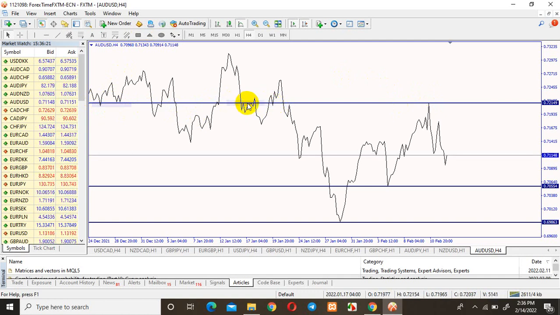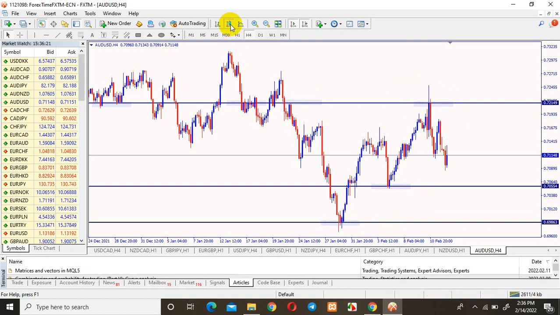We have one here. We equally have this, and I have this. Below the chart, you can see the line here, price on the zone. We have another zone here. So this is what I have on this chart, and then I go back to my candlestick chart.